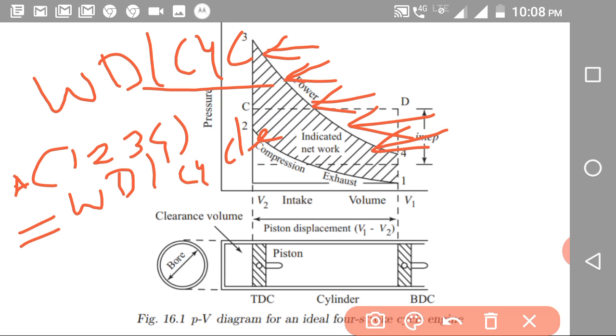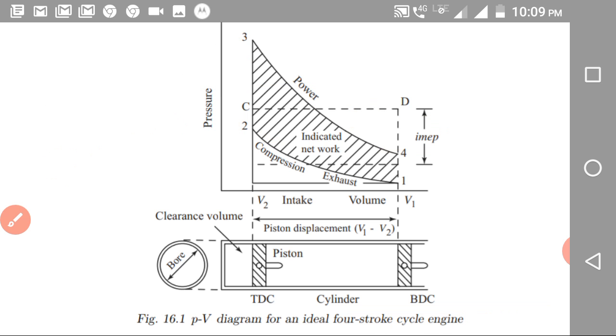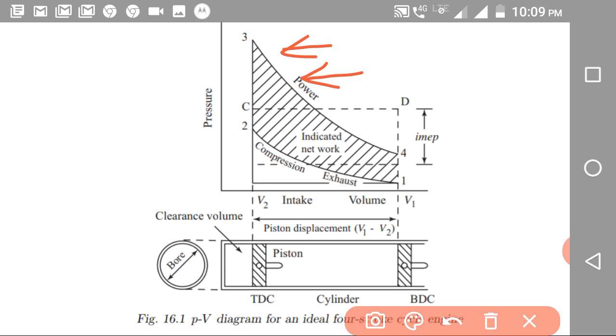So now we can convert this area 1, 2, 3, 4 into an equivalent area. Here what we are doing is taking the mean pressure. We have already discussed that the mean pressure we get in the expansion process is called the mean effective pressure.